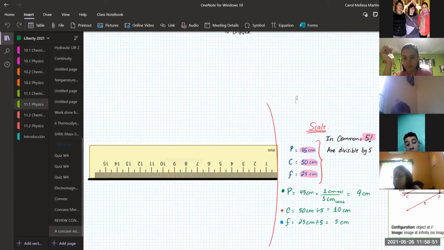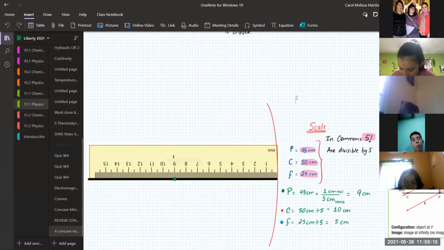So my point P is located at 9. That's my point P. My point C is located at 10 and it's red. So I'm going to put it here. This is my point C.